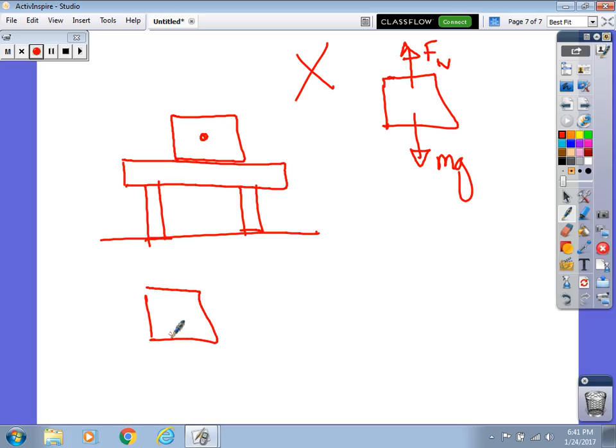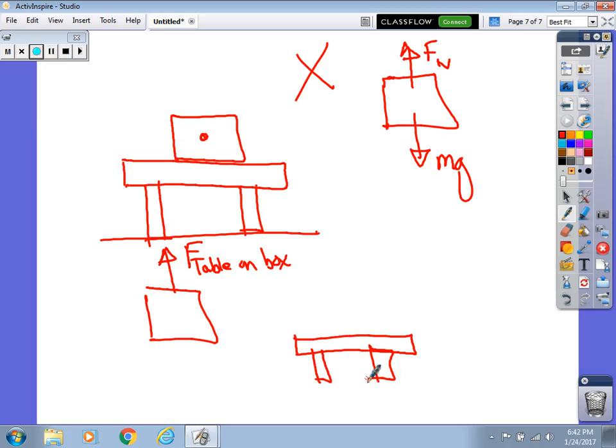What we will say is this. We will say that there is the force of the table on the box. That's one body. And then here's the second body. And we will say that there is the force of the box on the table. Those are action-reaction pairs.